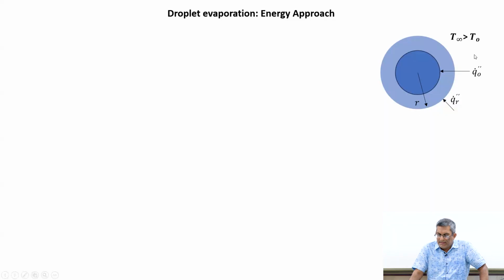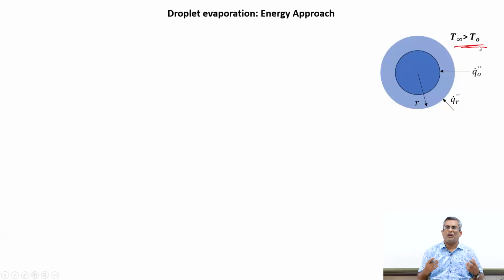Now we can derive the same model using heat transfer analysis, and why this is required you will see soon. So in this case, we assume that the ambient temperature is more than the temperature of the droplet, though this is not a restriction. Okay, so for understanding I am assuming this.